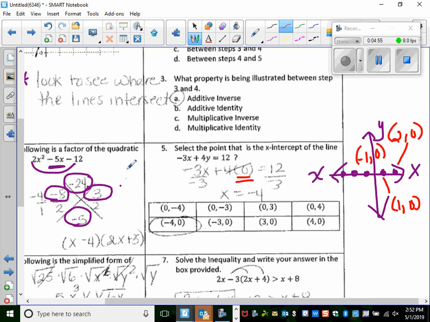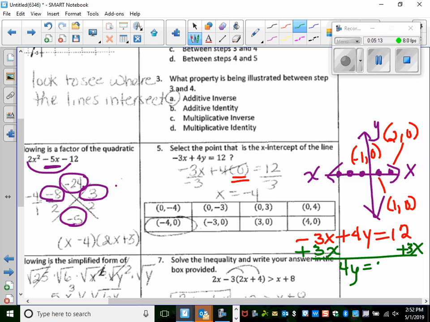Okay, so let me do that for you. So if I had negative 3x plus 4y equals 12. If I solve this for y, I'm going to add the 3x to the other side. And that's going to give me 4y equals 3x plus 12, divided by 4.